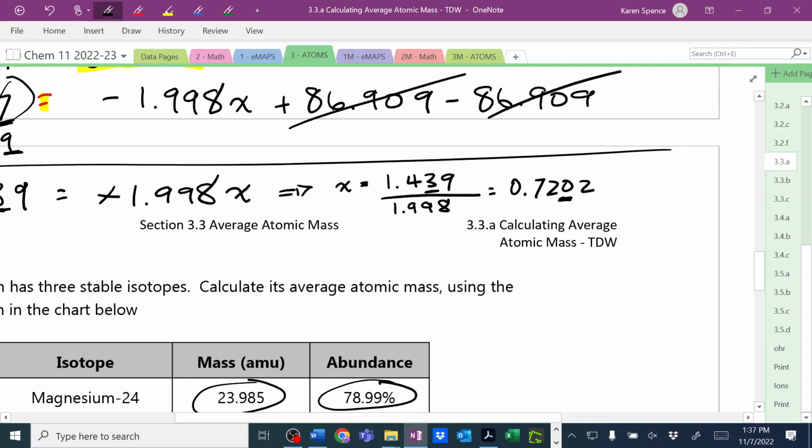So now, x was the percent of rubidium 85. So therefore, rubidium 85 is 72.0%.